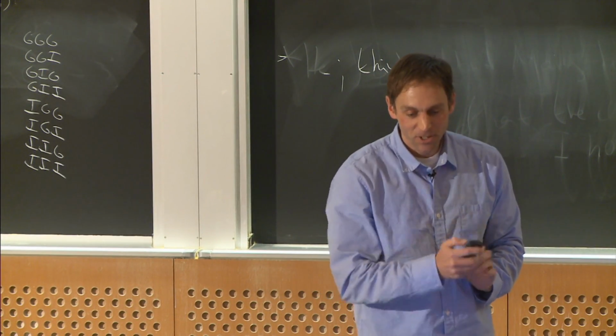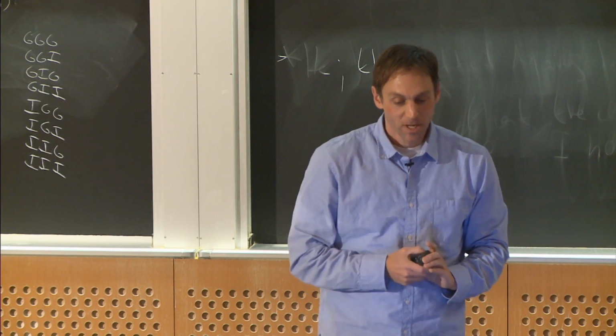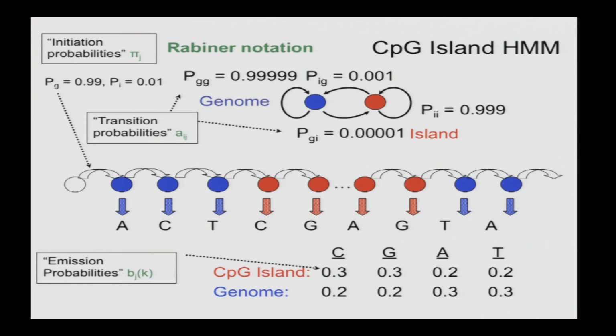Okay, so let's talk about his algorithm a little more. What I want to do is take a particular HMM. We'll take our CpG island HMM, and then we'll go through the actual Viterbi algorithm on the board for a particular sequence.